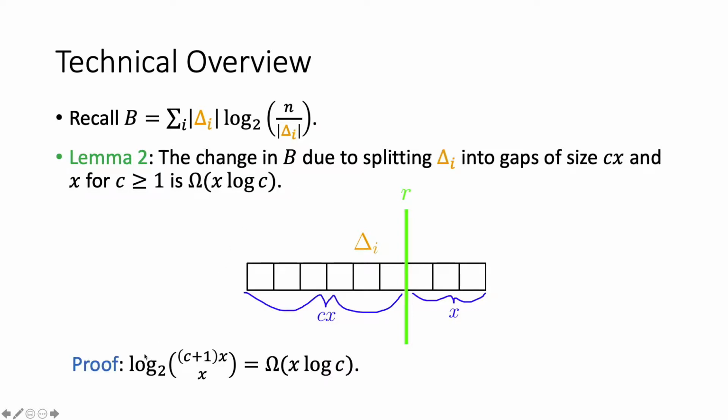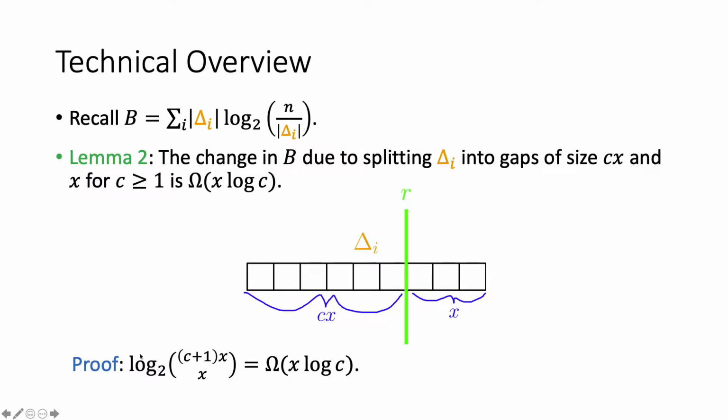And we can do a quick proof, so to speak, of why this is the case. Pretty straightforward. The number of ways to find the x largest elements out of (C+1)x total elements is (C+1)x choose x. We're considering comparisons as our only way of differentiating keys, and so there are only 2 outcomes in each comparison.